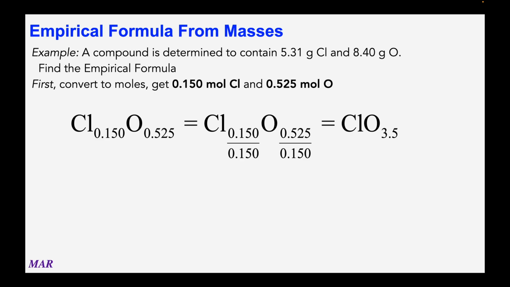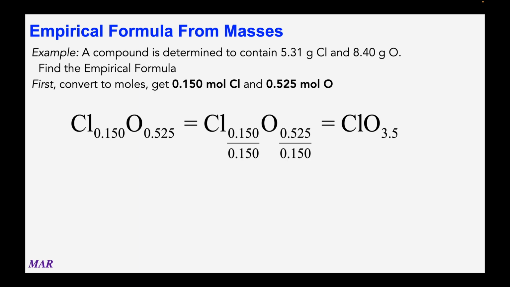I'm going to start kind of cheesing over some of the details because I want you to be able to do this yourself. And likewise for oxygen, 8.40 divided by 16.00, that'll get you 0.525 moles of oxygen. So see if you can do this yourself. Make sure you're good.